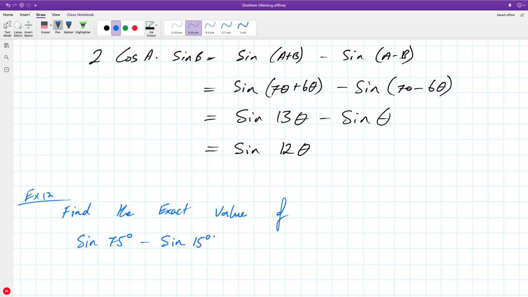Root 2 over 2. Root 2 over 2. Stop that. Small mistake, one of I said.